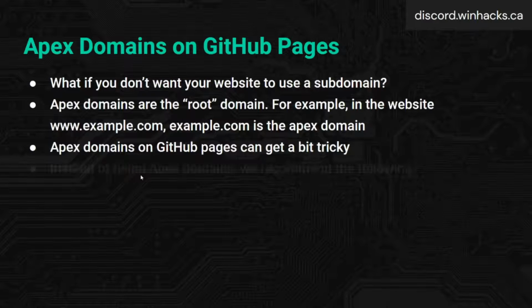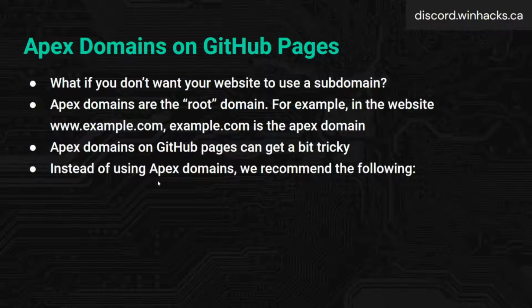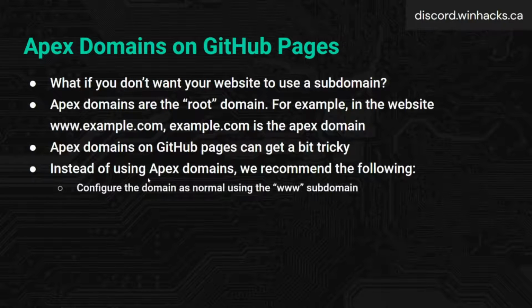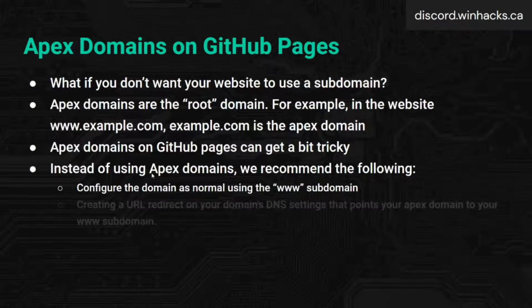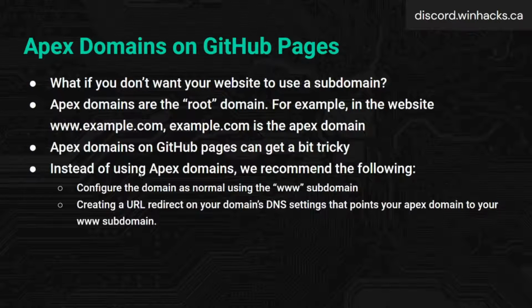That's when it gets a bit tricky. You can learn about them. You'll have to make a bunch of A records and stuff, but instead of using Apex domains, if you're going to do this, we recommend doing the following. Configure the domain like we said before using a www subdomain. Then create a URL redirect in your DNS settings that points your Apex domain, your main domain, in this case example.com, to your www subdomain.